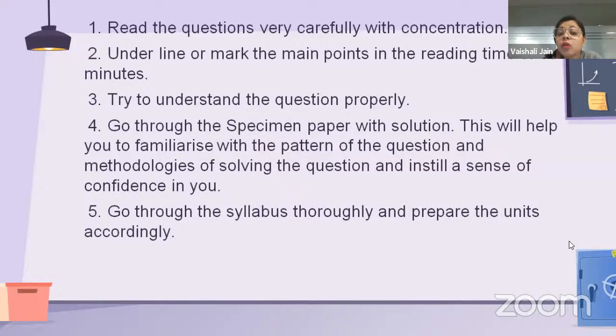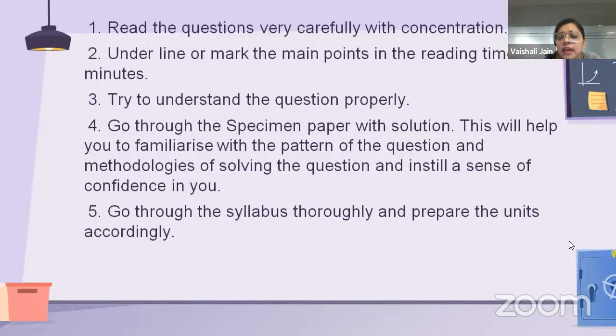Then underline or mark the main points in the reading time of 10 minutes. I guess none of us as teachers, or very few of us, guide our students on how they are supposed to utilize the reading time.